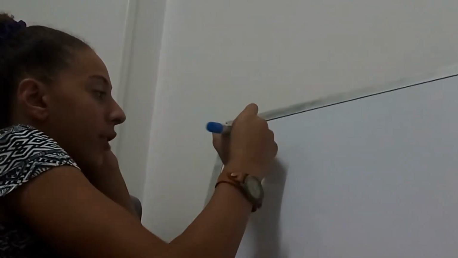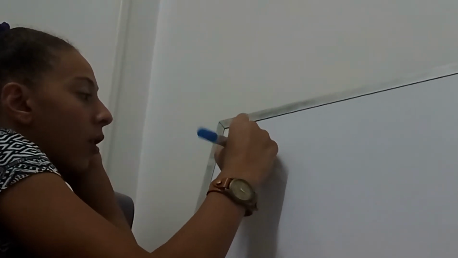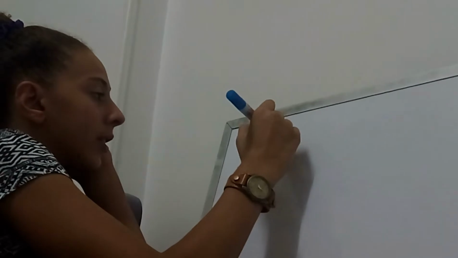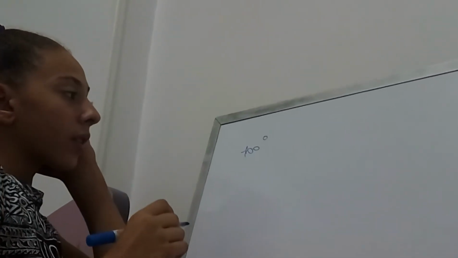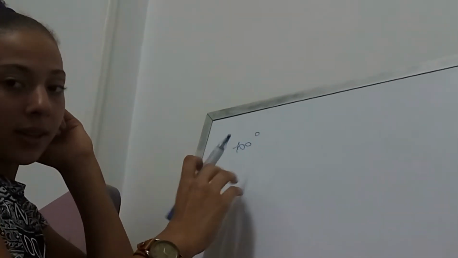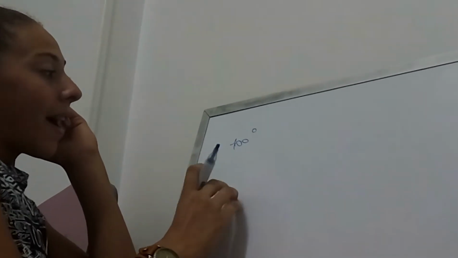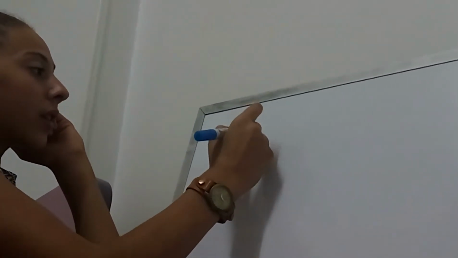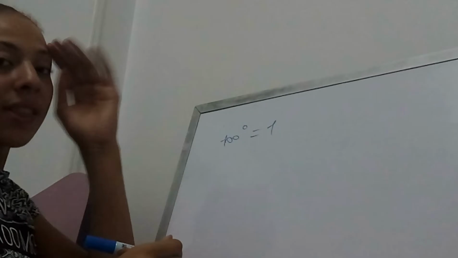Okay? Another thing I want to tell you is that any number power 0 is 1. For example, you've got 100 power 0. Okay, that's not a degree, it's a 0. Anything power 0 equals 1 without even thinking.